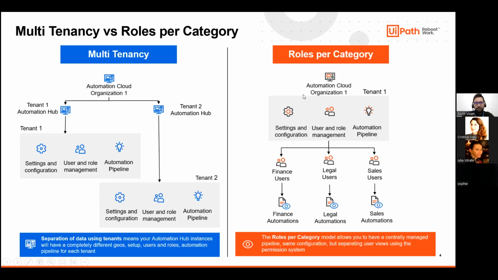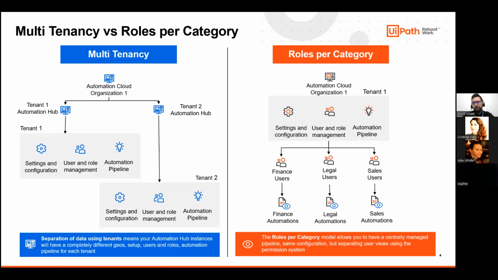Turning to the model where you have roles per category, where you have one single tenant. The single tenant starts basically from the same spot. You have an Automation Cloud organization, but you have Automation Hub on one single tenant.